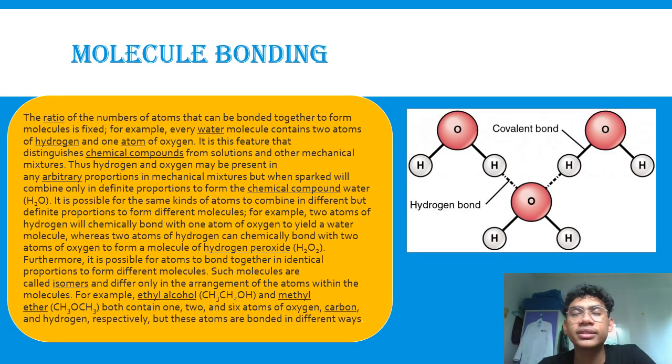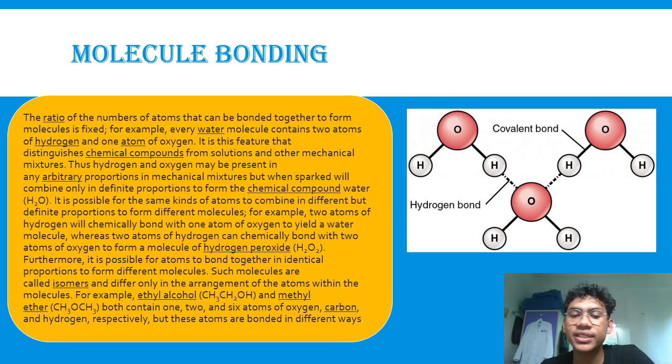Okay, we are going to talk specifically about molecular bonding. The ratio of the number of atoms that can be bonded together to form a molecule is fixed. For example, every water molecule contains two atoms of hydrogen and one atom of oxygen.